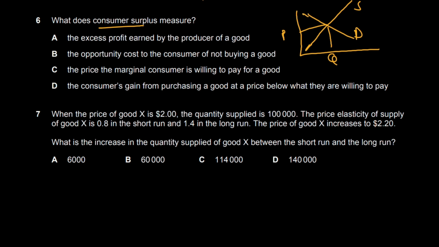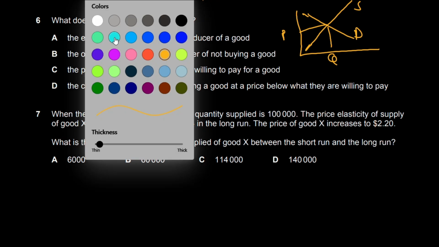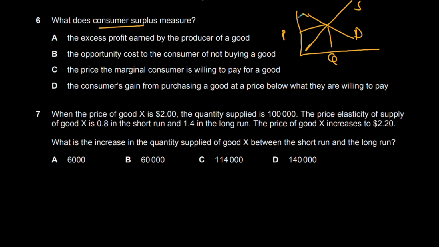Okay, so if we want to find out our consumer surplus or our producer surplus, we will just stick to two rules. Rule number 1 states that the area below the demand curve but above the price line and supply curve is basically our consumer surplus.